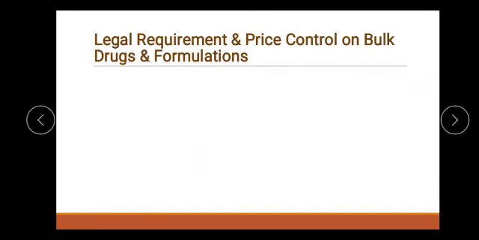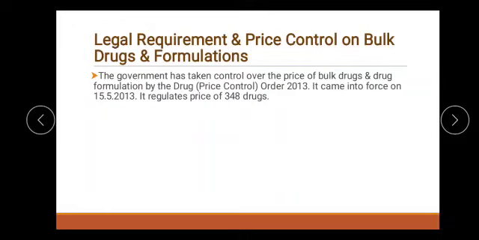Next point, legal requirements as price control on bulk drugs and formulations. The government has taken control over the price of bulk drugs and drug formulations by the Drug Price Control Order 2013. It came into force on 15 May 2013.